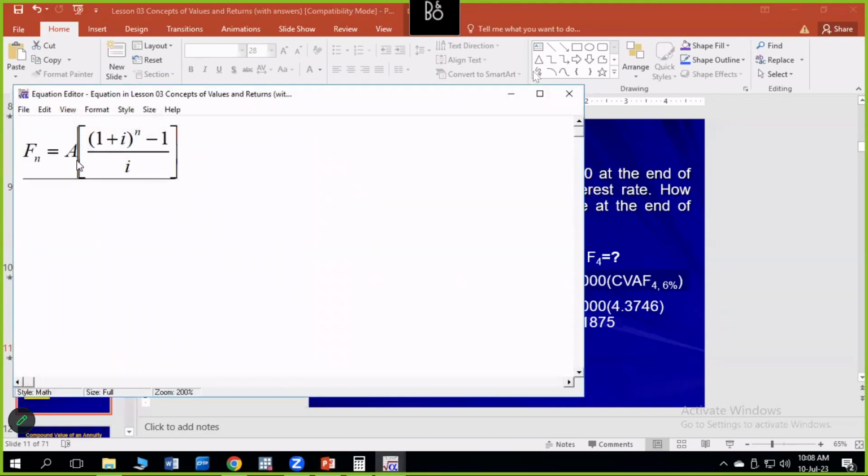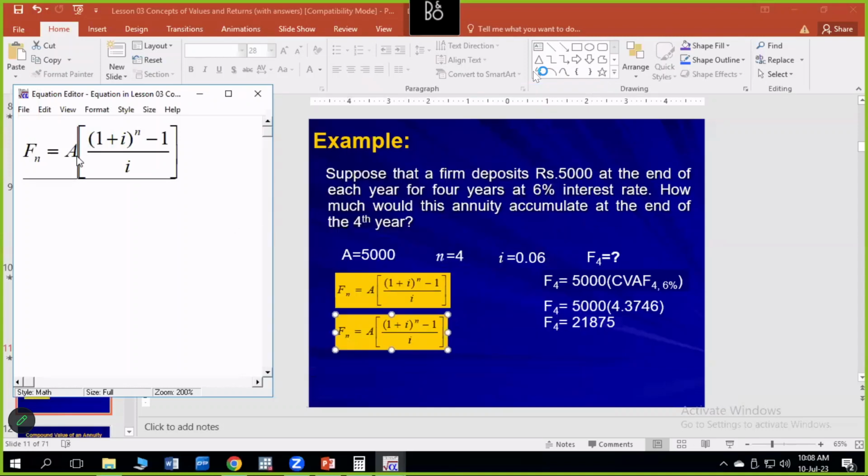For A, how much can you substitute? 5,000. For i, 0.06. For n, you substitute 4.